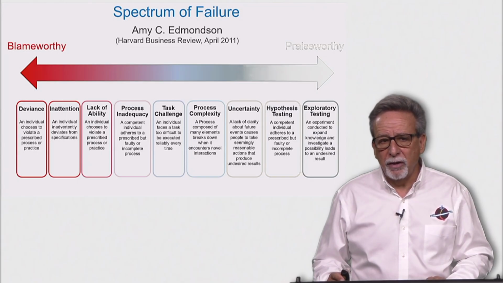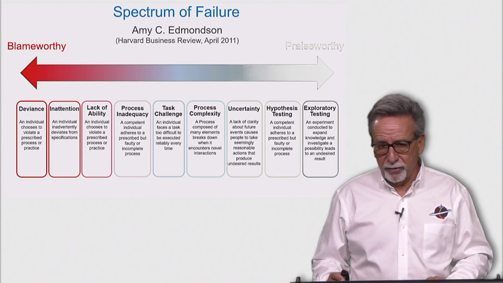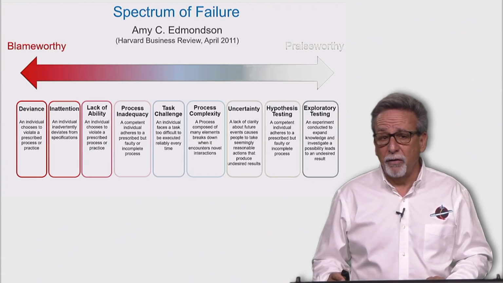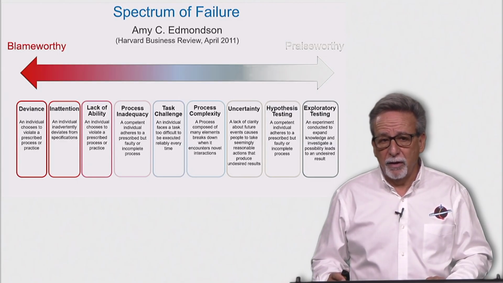Process inadequacy is when a competent individual adheres to a prescribed but faulty or incomplete process. Task challenge is when an individual faces a task too difficult to be executed reliably every time. Process complexity is a process composed of many elements, where something breaks.